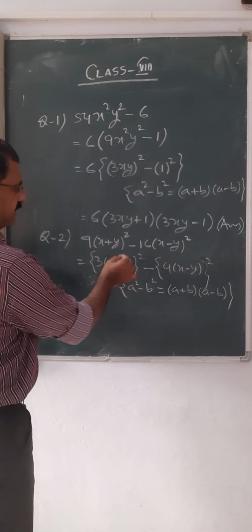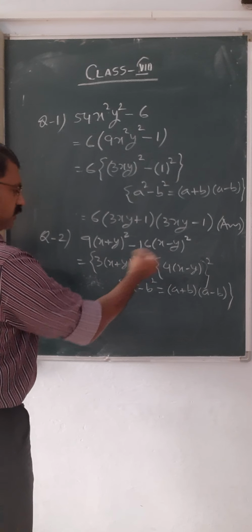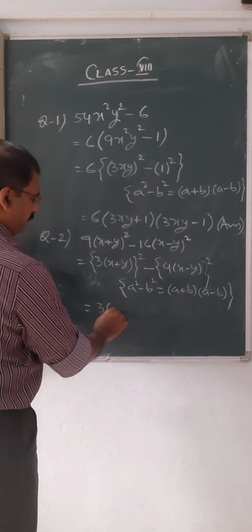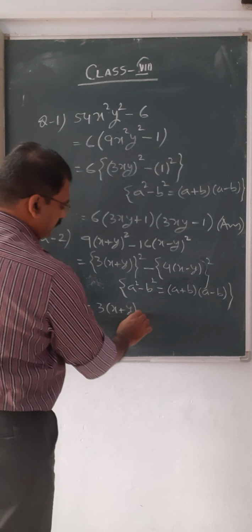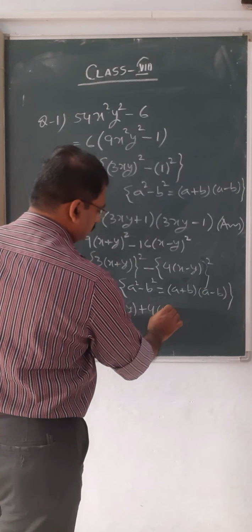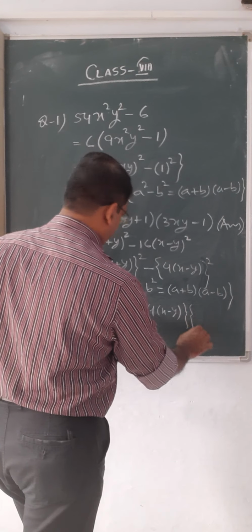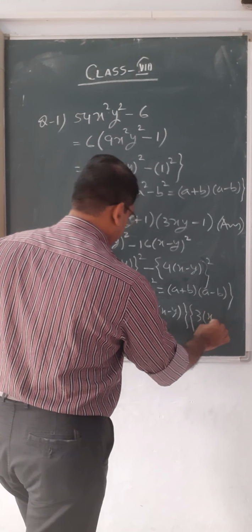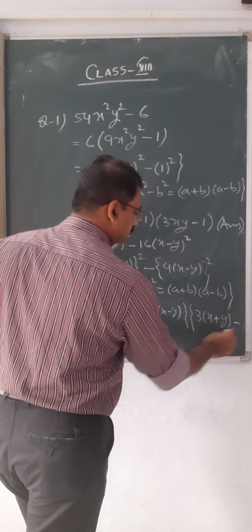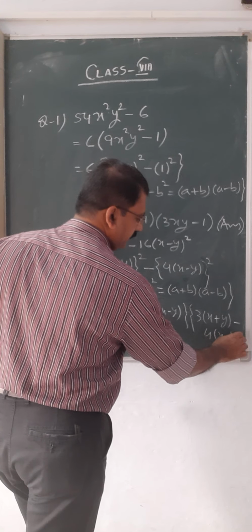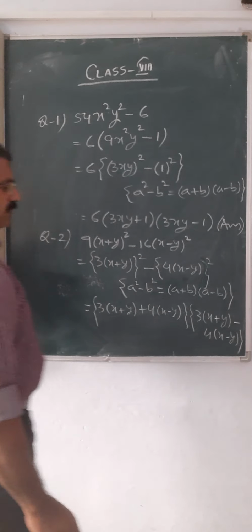So this whole thing is a and this is b. So a square minus b square, a plus b in one bracket, and a minus b in the other bracket.